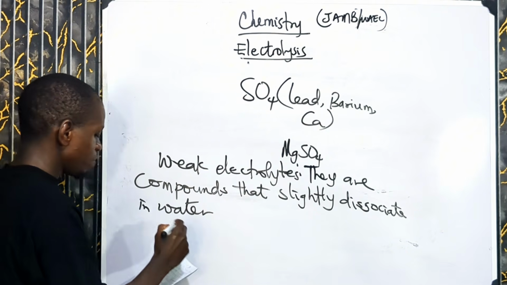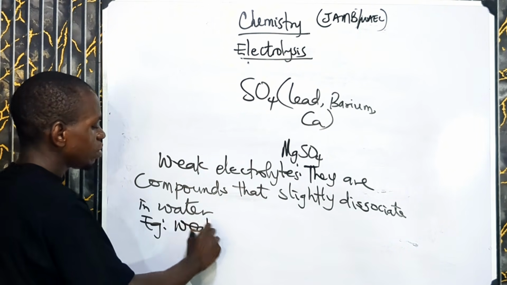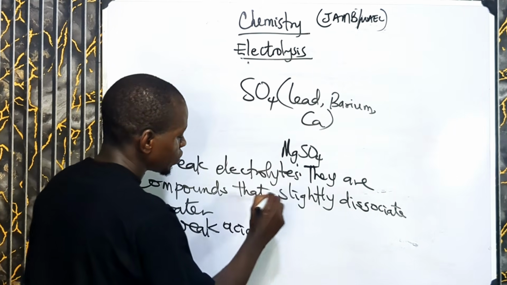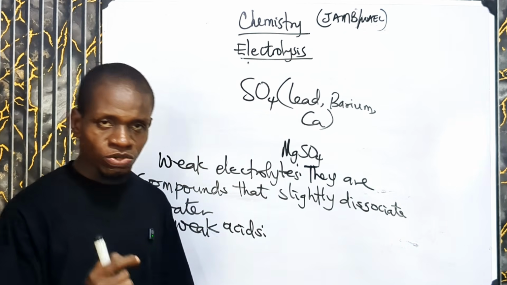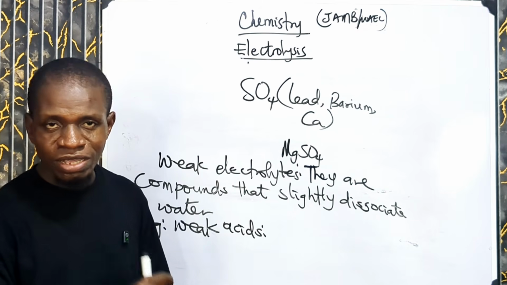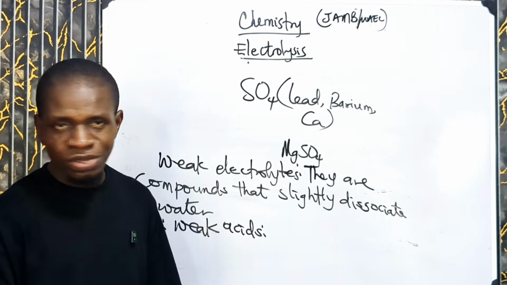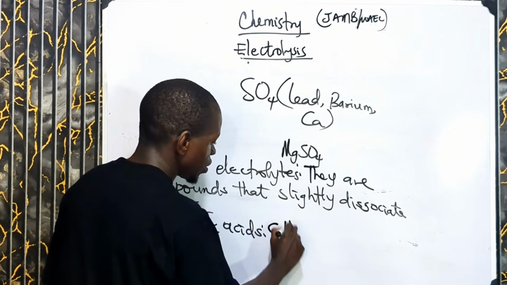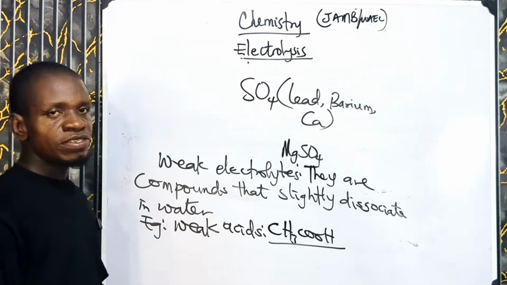Examples of them: we have the weak acids. Any acid that you see aside from HNO3, H2SO4, and HCl, any acid apart from these three that I mentioned, is under the weak acids. Simple. Let me give an example: CH3COOH. This is a weak acid.